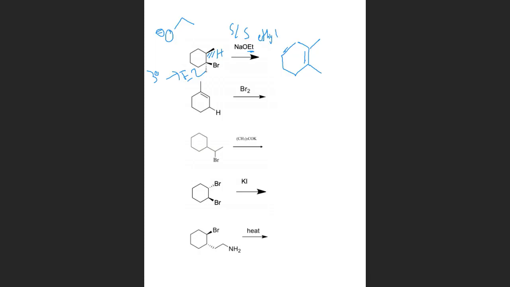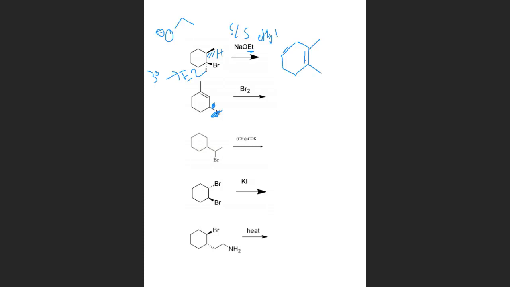So now we're going to do a bromination. What we do first is we're going to form the most stable radical, which is going to be right here with this hydrogen gone, right?